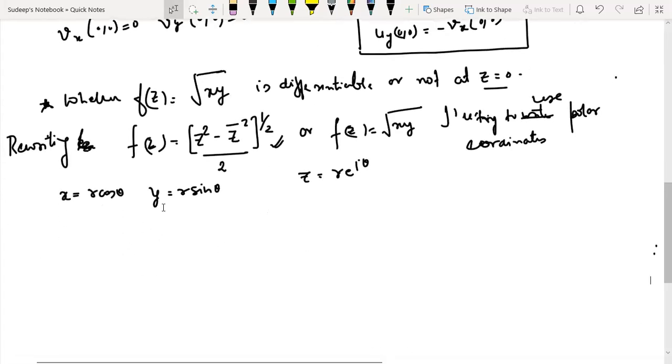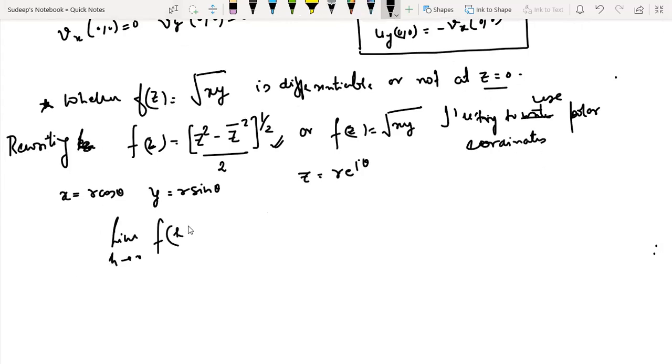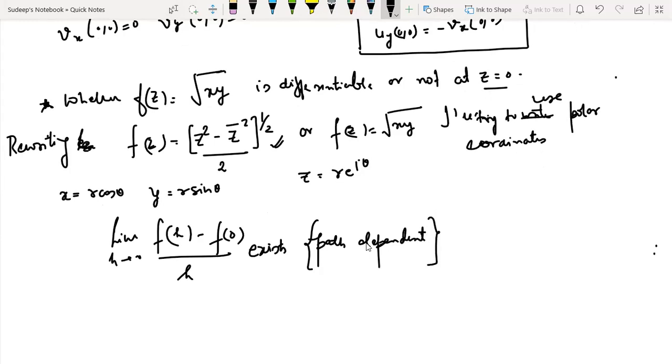Now, in order to prove whether the function is differentiable or not, I'll take the limit h tends to 0 of f of h minus f of 0 divided by h. This limit should exist and it should be path independent. That is, in no way should two different paths lead to two different limits.